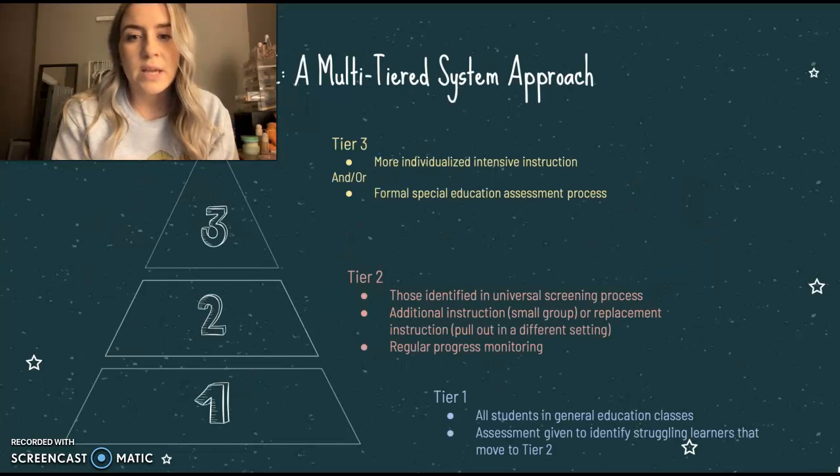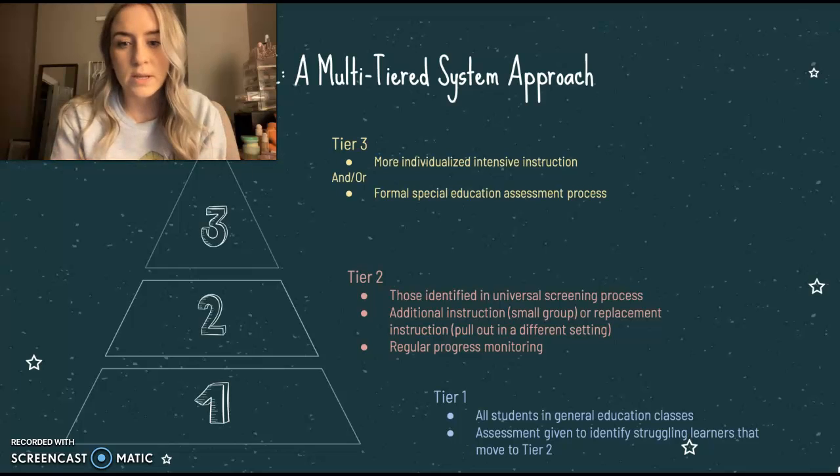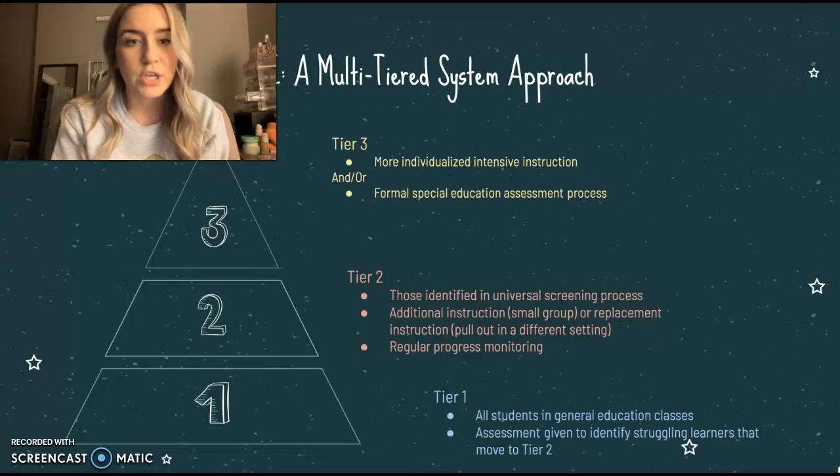So it really is a triangle approach. The first level would be all students in the curriculum or in the general education classroom. There would be an assessment, which I'll go into more detail on in our next slide, given to all students to identify those not comprehending or meeting criteria.